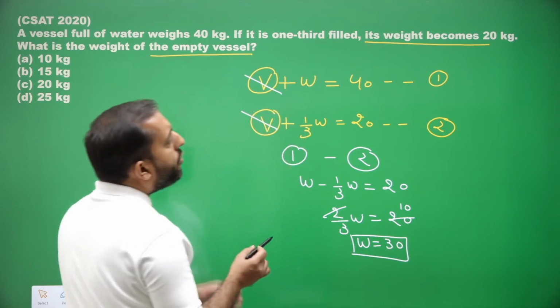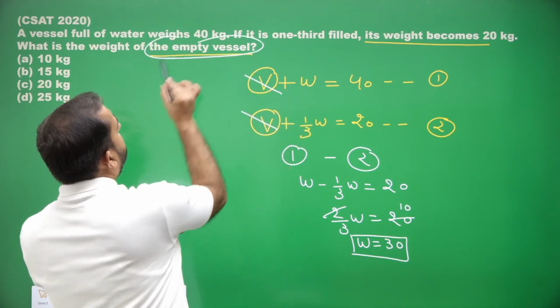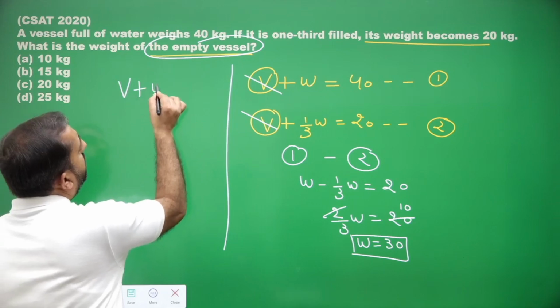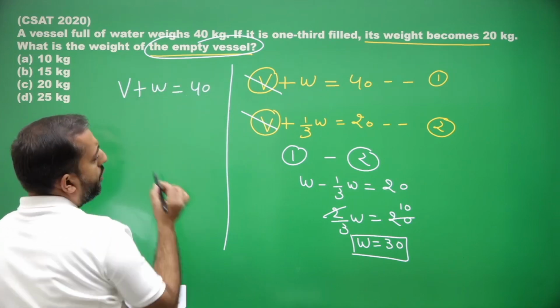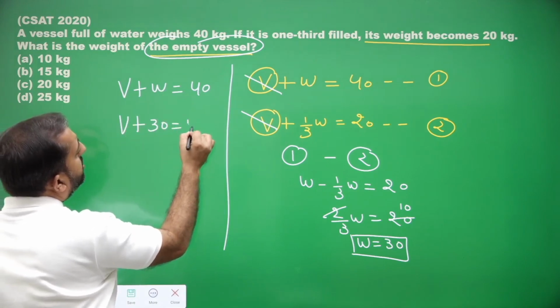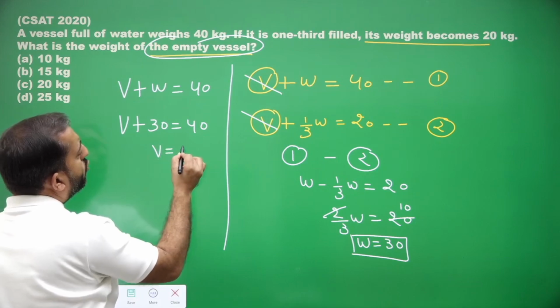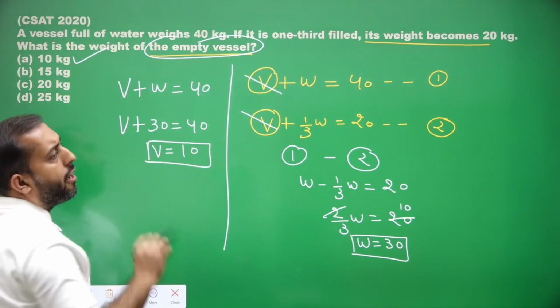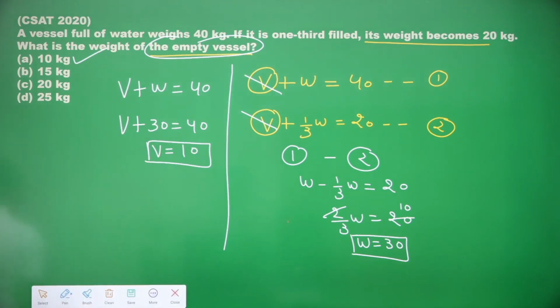What we are looking for is the weight of the empty vessel. We know that the weight of the empty vessel plus water is 40, and we know the weight of complete water is 30, so V plus 30 is 40, and from here V comes out to be equal to 10. Hence the answer of this question is Option A. Please make a note of it.